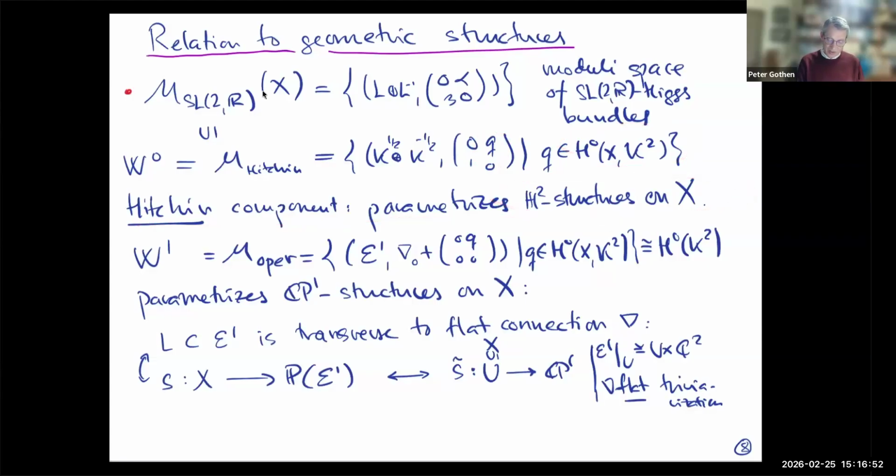So the Hitchin component here is really identified with the Teichmüller space of the Riemann surface.